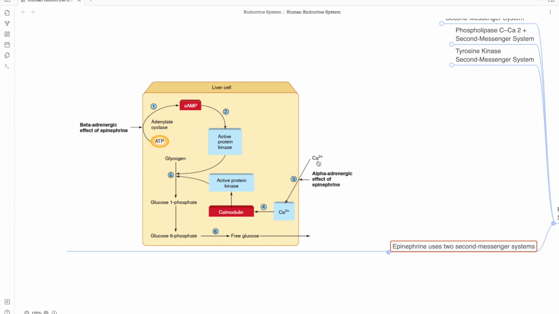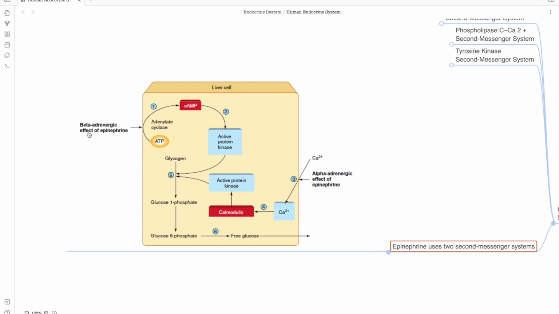By using that system, the calcium level is increasing, and calmodulin is a protein which is dependent on calcium. Whenever calcium increases in the cell cytoplasm, it will bind with calmodulin and activate it. So we often say calcium calmodulin complex. This calmodulin will again activate the protein kinase.